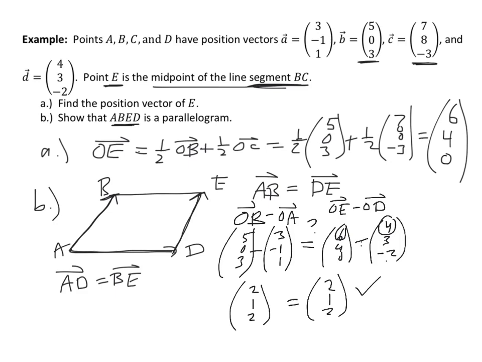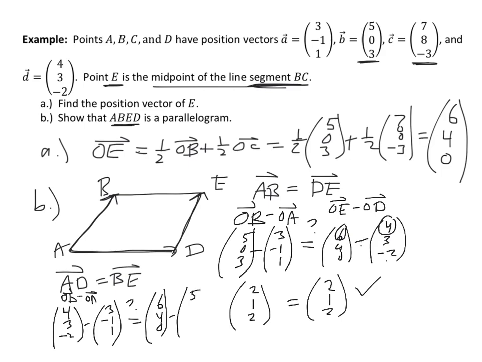Now let's try the other ones, right? We'll find AD by doing OD minus OA. So here OD for us is 4, 3, negative 2, and OA was 3, negative 1, 1. I have to check and see, is that equal to OE minus OB, which is 5, 0, 3.